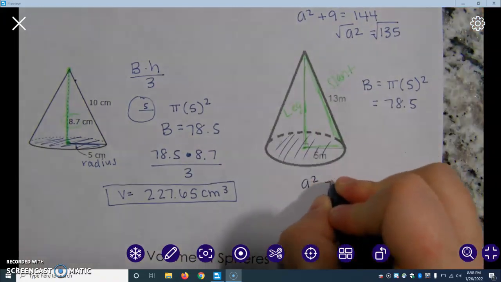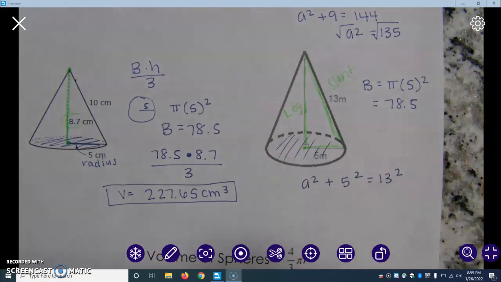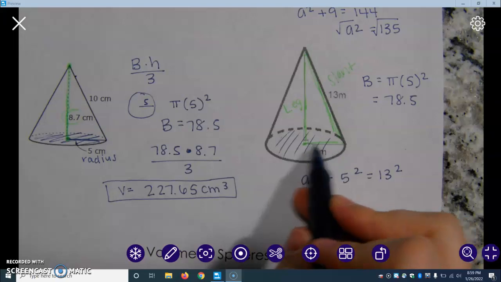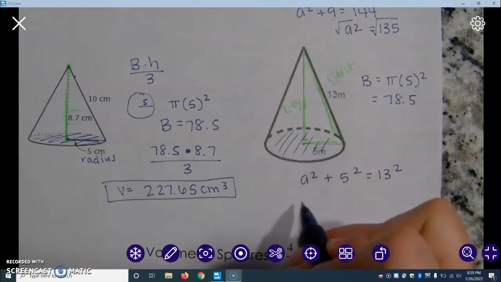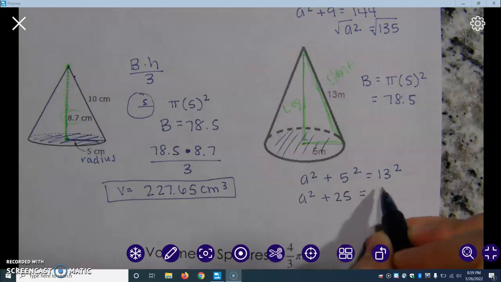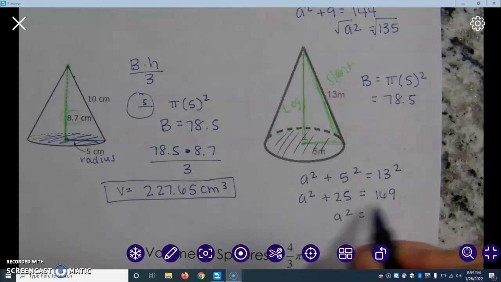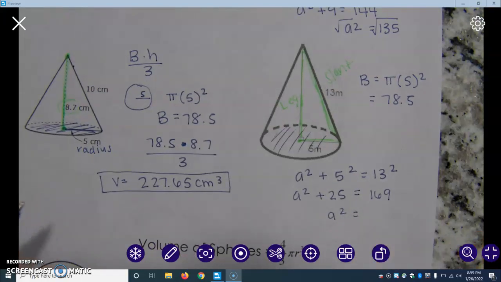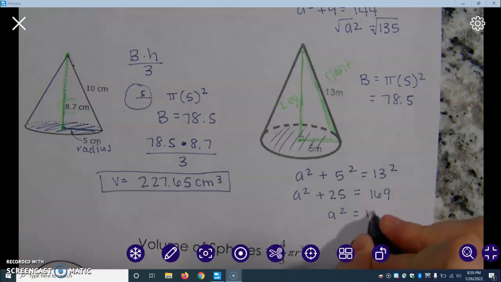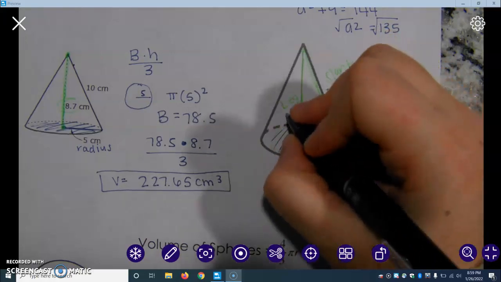So a squared plus b squared equals c squared. 5 is my leg, so that's b. So 5 squared is 25. 13 squared is 169. I'm going to subtract. So I'm going to do 169 minus 25. And that's 144. And then when I square root that, I'm going to get 12.